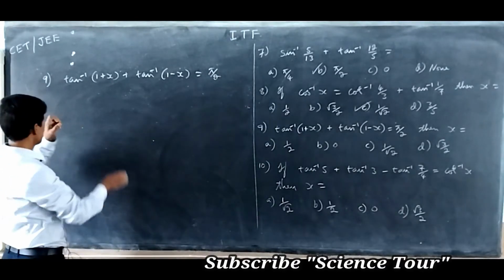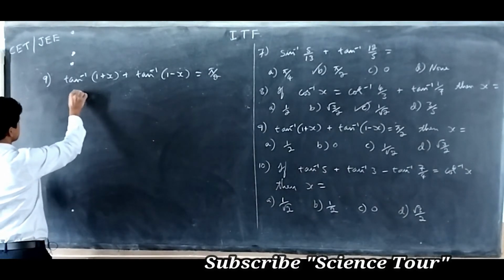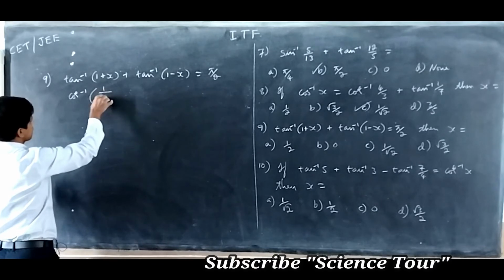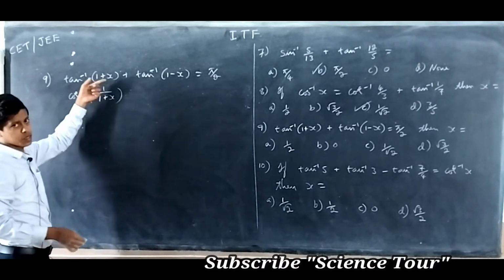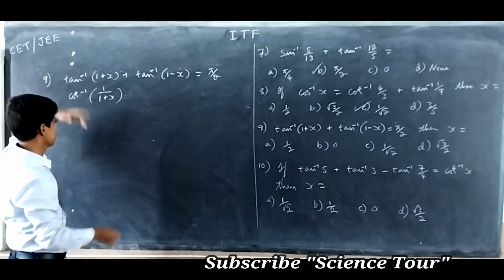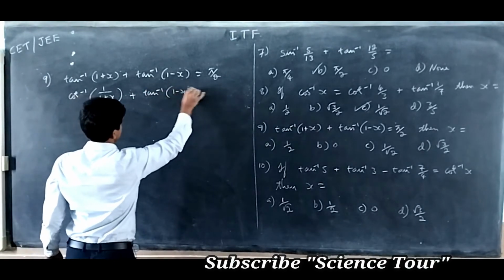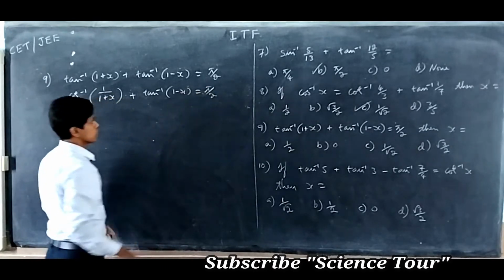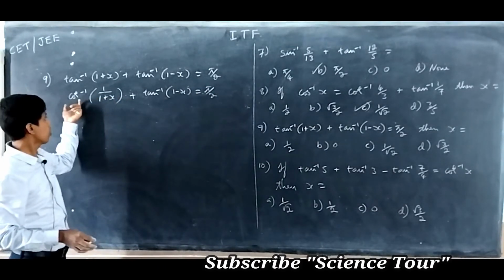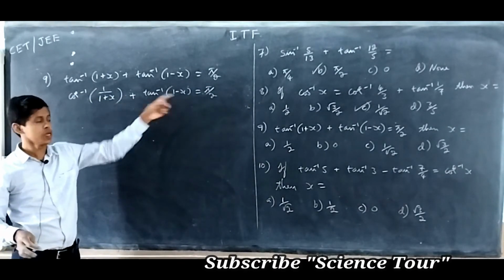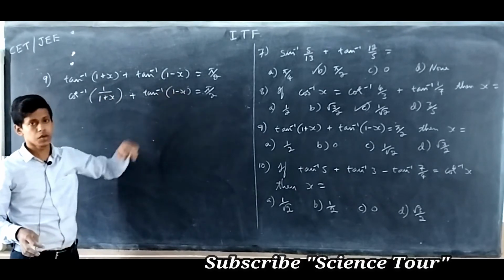Okay, so what you can do is you can write this as cot inverse and reciprocal here, correct? So 1 plus x becomes 1 by 1 plus x, reciprocal, and then this is tan inverse 1 minus x equal to pi by 2. Now understand, cot inverse x plus tan inverse x will be pi by 2 only if these quantities are equal, correct?